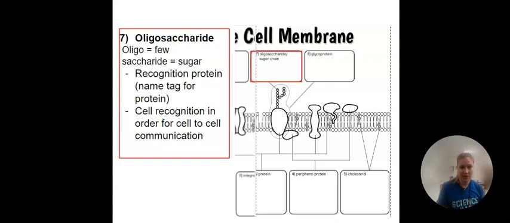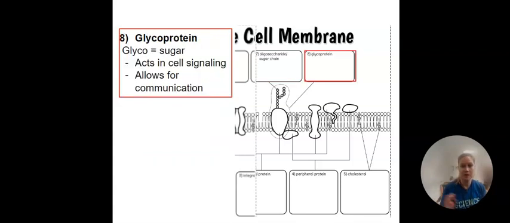And then we have another type of sugar called an oligosaccharide. I probably butchered that, but it's okay. Again, not going to go in huge in depth. It's another type of recognition protein that is used for cell communication. We're not going to get too in depth with these types of sugars because we just really don't care all that much, but they are used for cell communication.